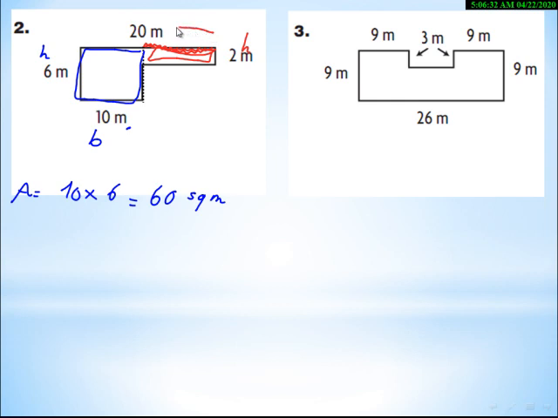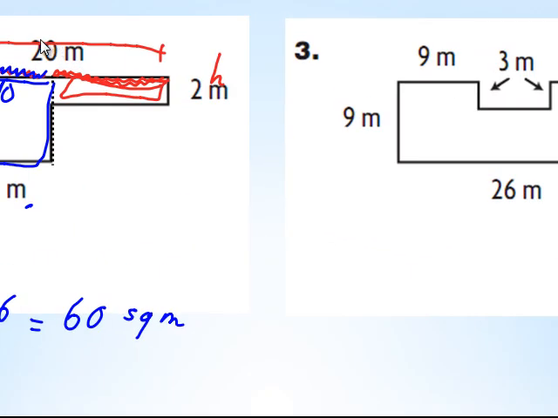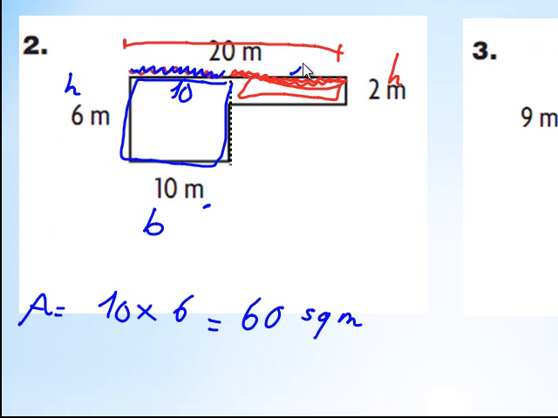So I'm going to use this line segment, which equals 20 meters, and subtract from 20 this blue part, which equals the opposite line segment, which is 10. So I'm going to subtract 20 minus 10. Here it is going to be 10.